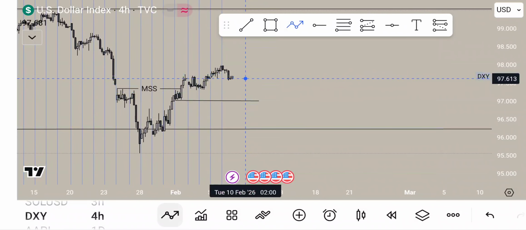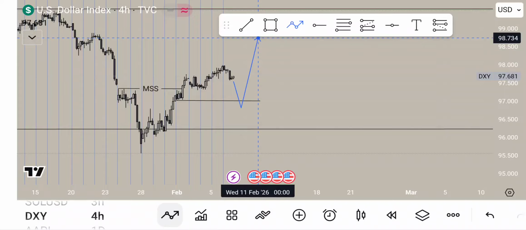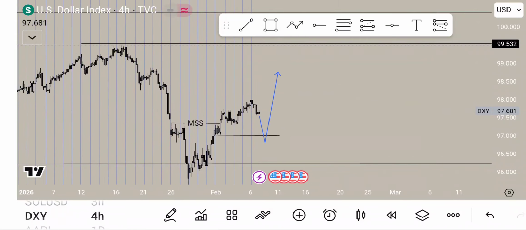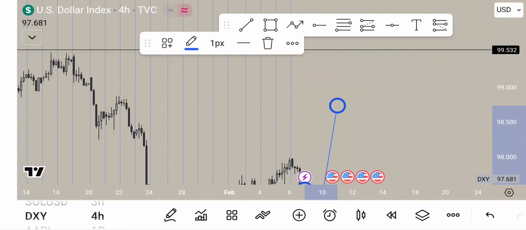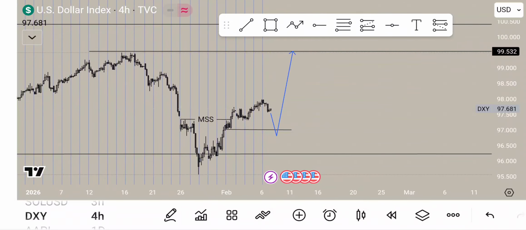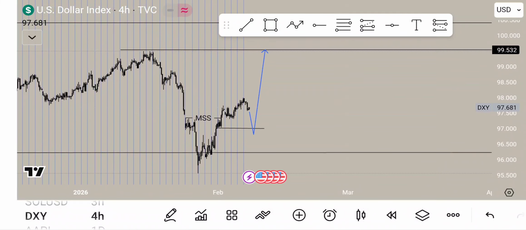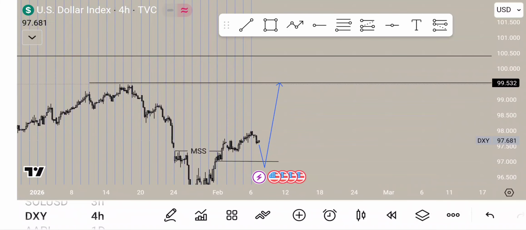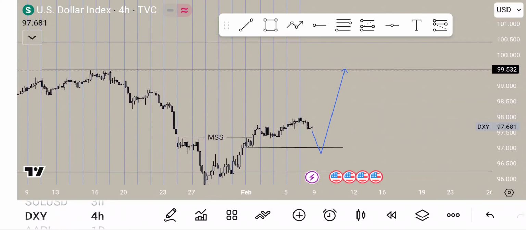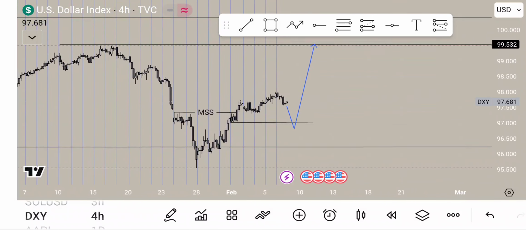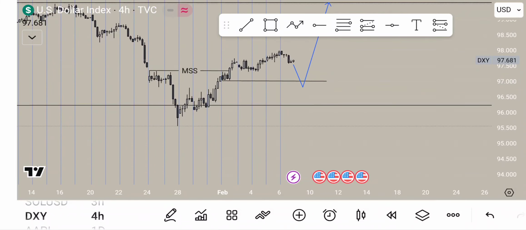So as the week opens tomorrow, I will be expecting to see dollar index retrace a bit and fill this daily fair value gap, and then we take our entries and target this high. We take our entries, and the first take profit we will be targeting is January's high. This is what I will be looking at starting from tomorrow.